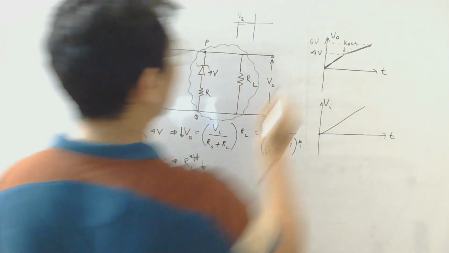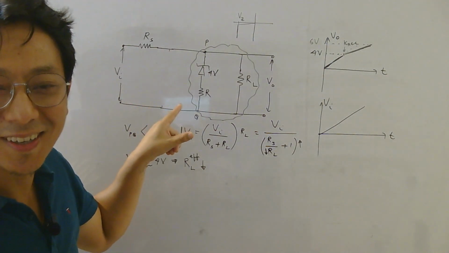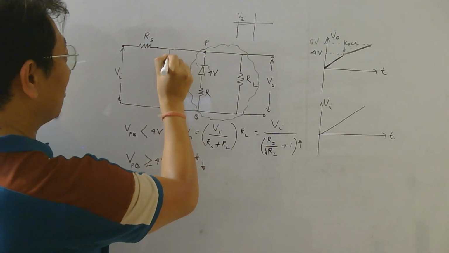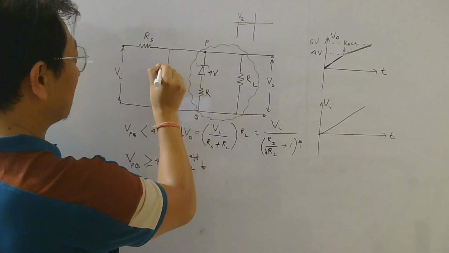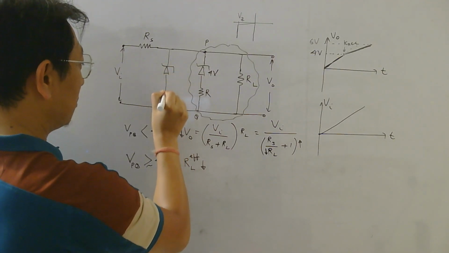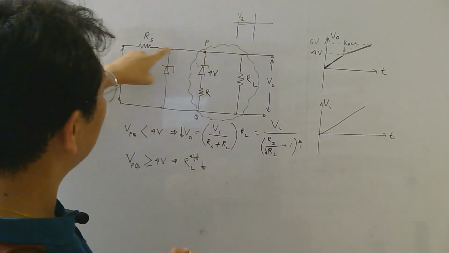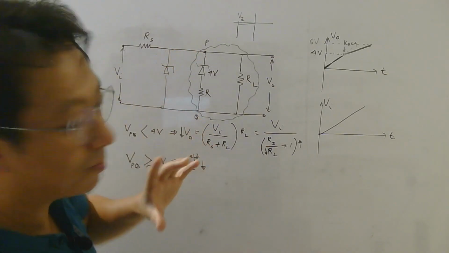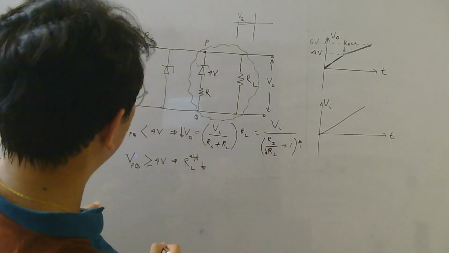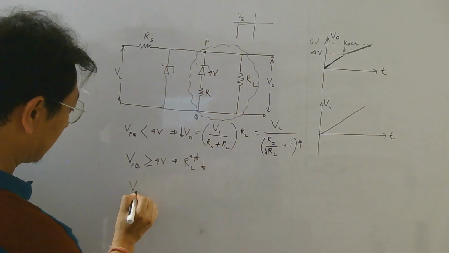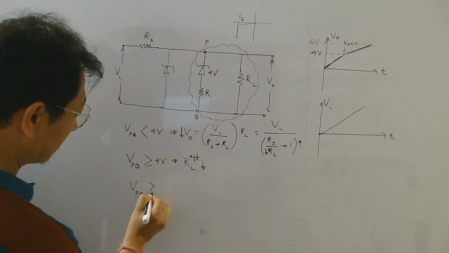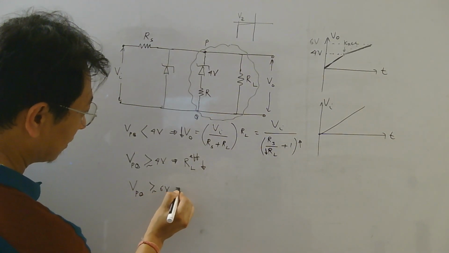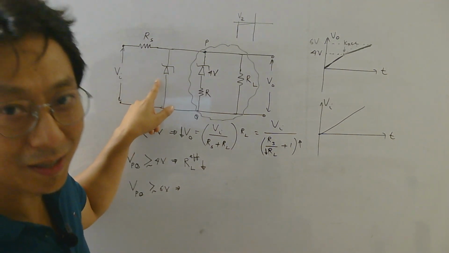And then when it becomes 6 volt, why 6 volt? Because you have one more diode here, isn't it? So the voltage across P and Q, which also means voltage across these 2 points, right? P and this point have the same potential, Q and this point have the same potential. So when this voltage becomes slightly greater than 6 volt, this diode will start conducting.